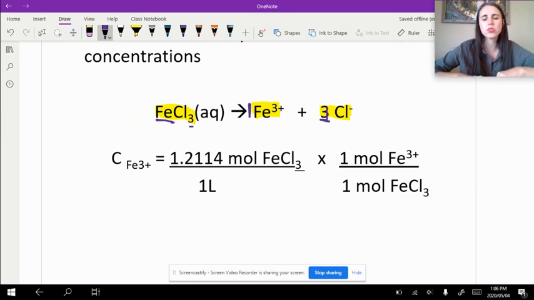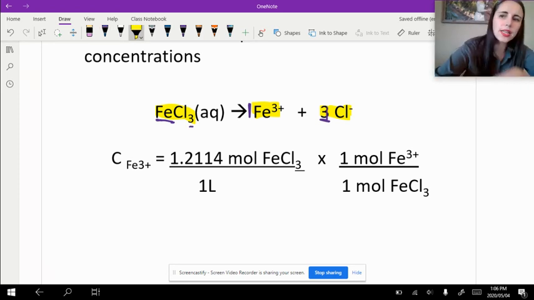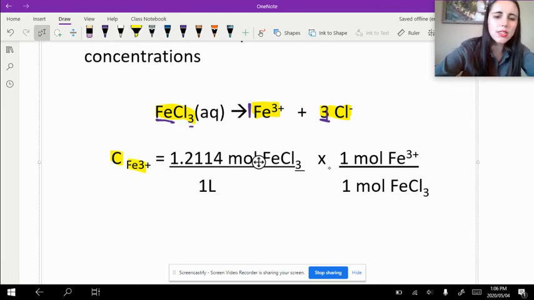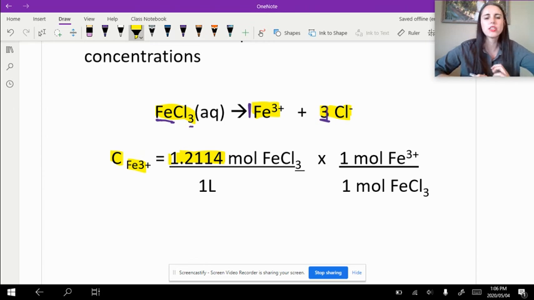So we can now use this ratio and the concentration that we just calculated to figure out the concentration of iron ions and chloride ions. Let's start with the concentration of iron ions. I know that my concentration of iron chloride is 1.2114. We just calculated that. In order to figure out my concentration of iron ions, I want to multiply it by the molar ratio.